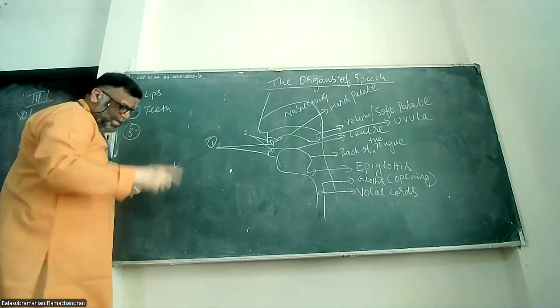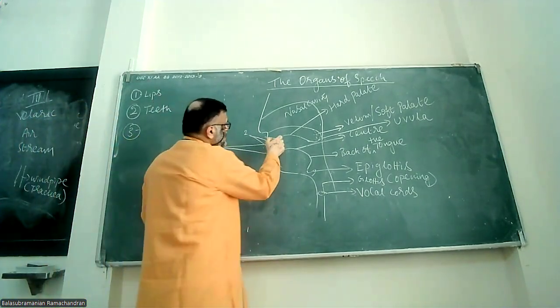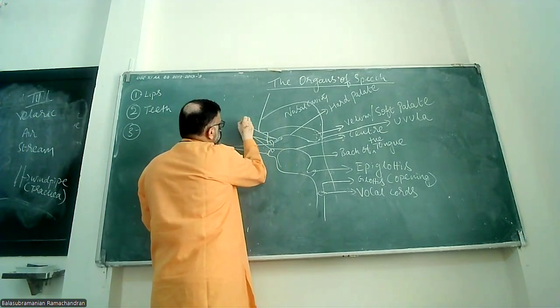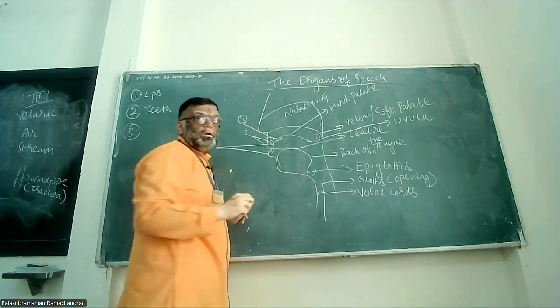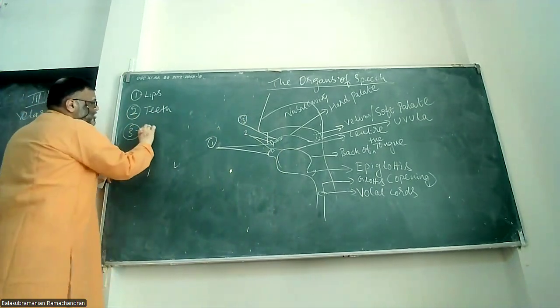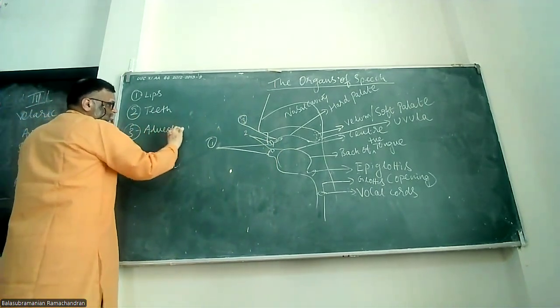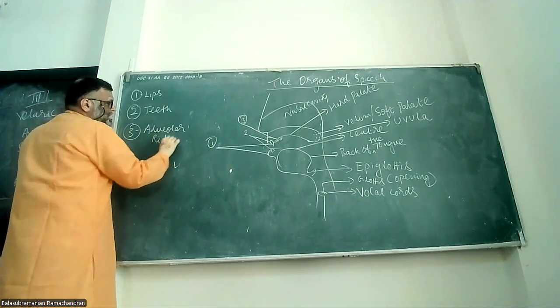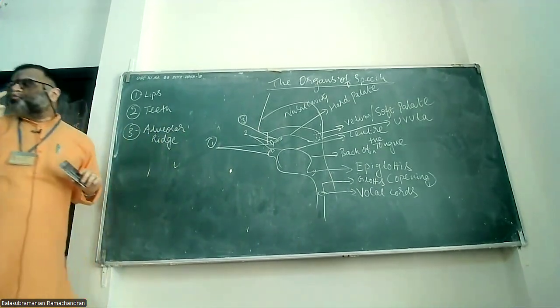Then I name this as 3. What is this? Alveolar ridge. 3 is the alveolar ridge. The alveolar ridge is the rough part of the mouth.